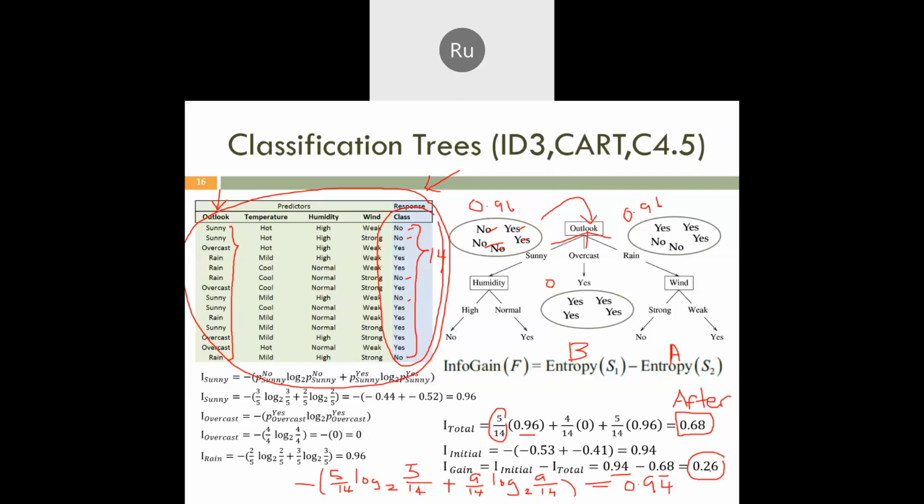The aim is to find the attribute or variable that has the highest IG, meaning the information gain that you get when you split the data. So we want to maximize that. We could test for temperature, humidity, wind and so on.